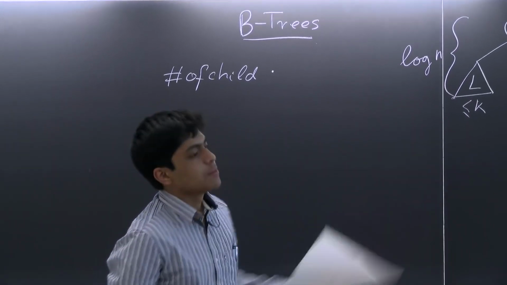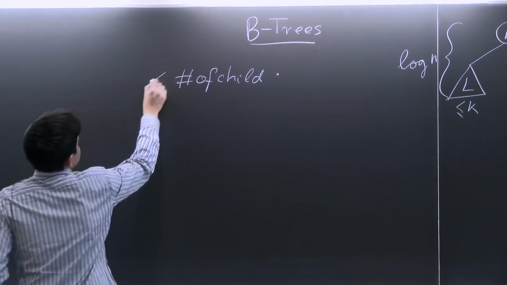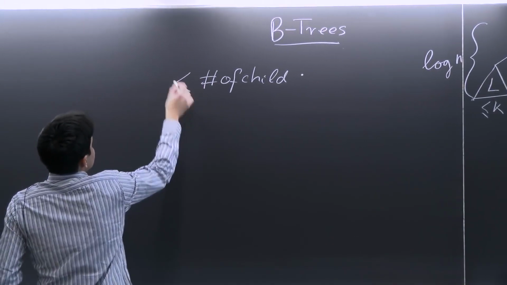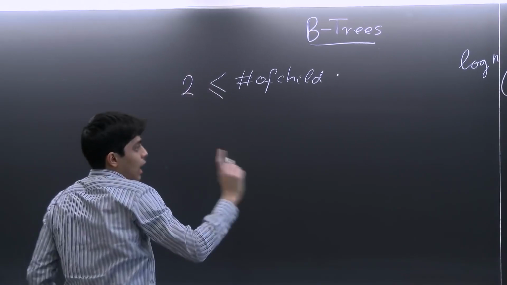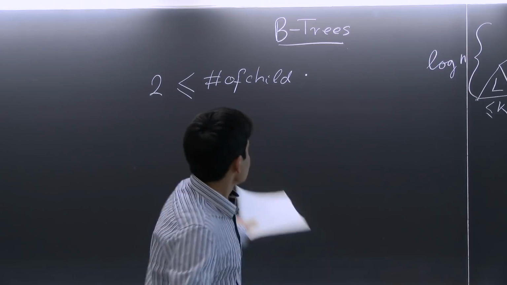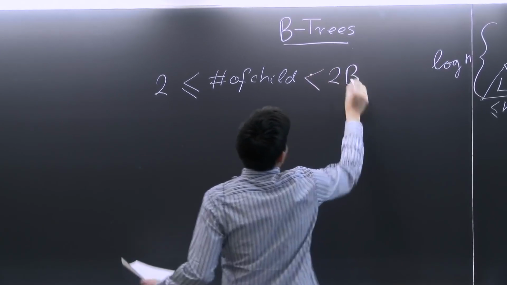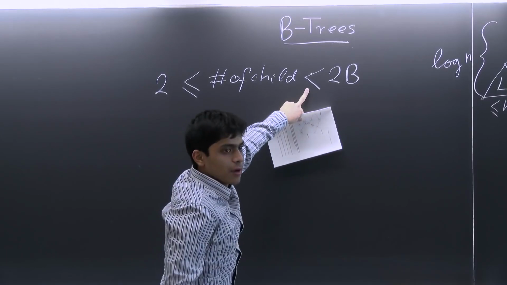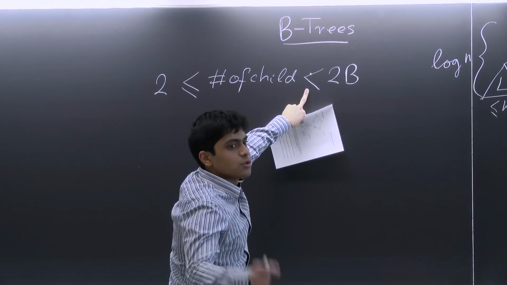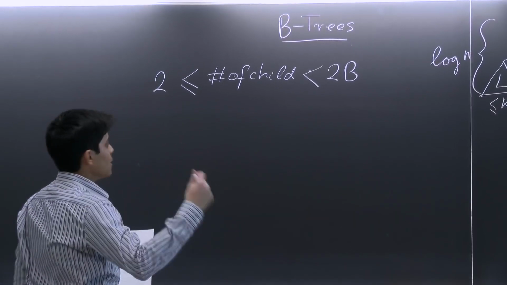In the 2-3 tree, the branching factor is 2. What that means is simply it bounds the number of children. So the number of children has to be greater than or equal to b, other than the root node. The root node can have fewer than b children. That's fine. Also, it's upper bounded by 2b. Notice that this is a strict upper bound. So you can have at most 2b minus 1 children from a node.